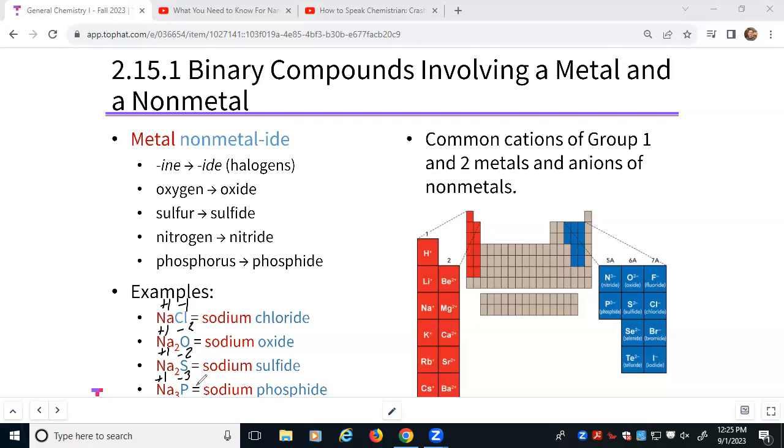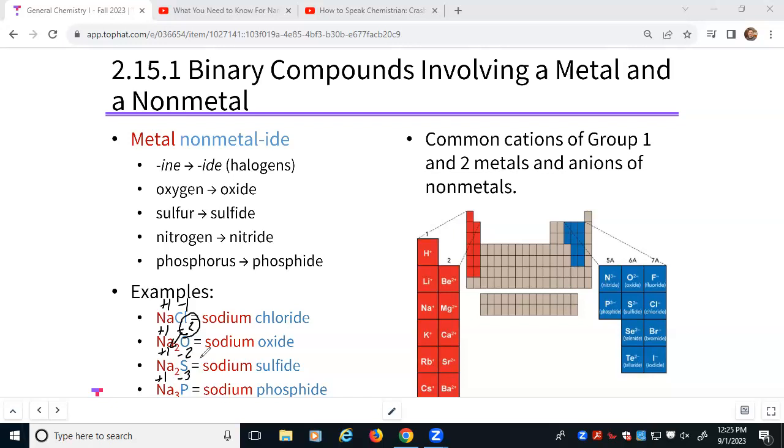In real simple terms, we can use the charges to dictate the formula using something called the crisscross method. And the crisscross method is simple. The value of the charge becomes the subscript for the other ion. It crosses from charge to subscript on the other, and the other one does the same thing.